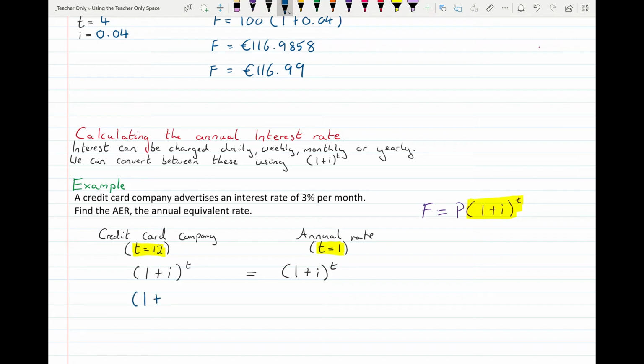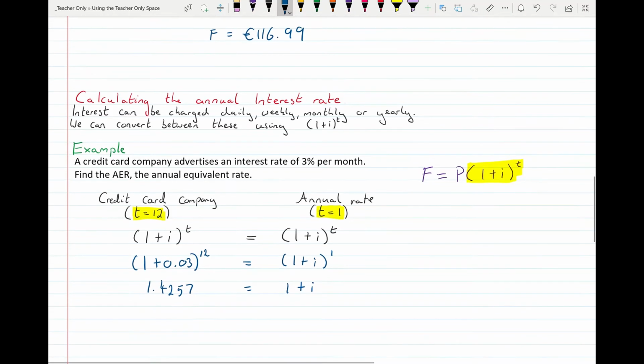1 plus the interest rate for the credit card was 0.03, so 3% for 12 months. And we're going to find out what that interest rate is if we converted it to a yearly amount. 1.4257 equals 1 plus I. We want to get I on its own, so we're going to subtract 1 from both sides, and we're left with 0.4257 equals the interest rate for the year.